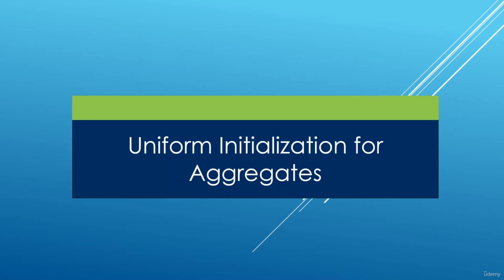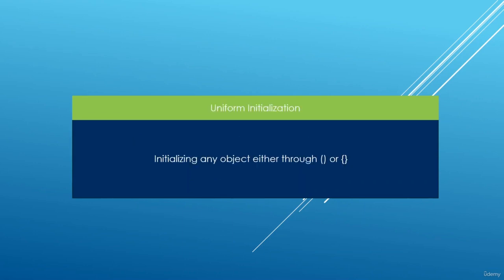In this lecture, we're going to zoom in on uniform initialization when we are initializing aggregates. Uniform initialization really refers to the fact that we can initialize anything in C++ either using parentheses like this or curly braces.